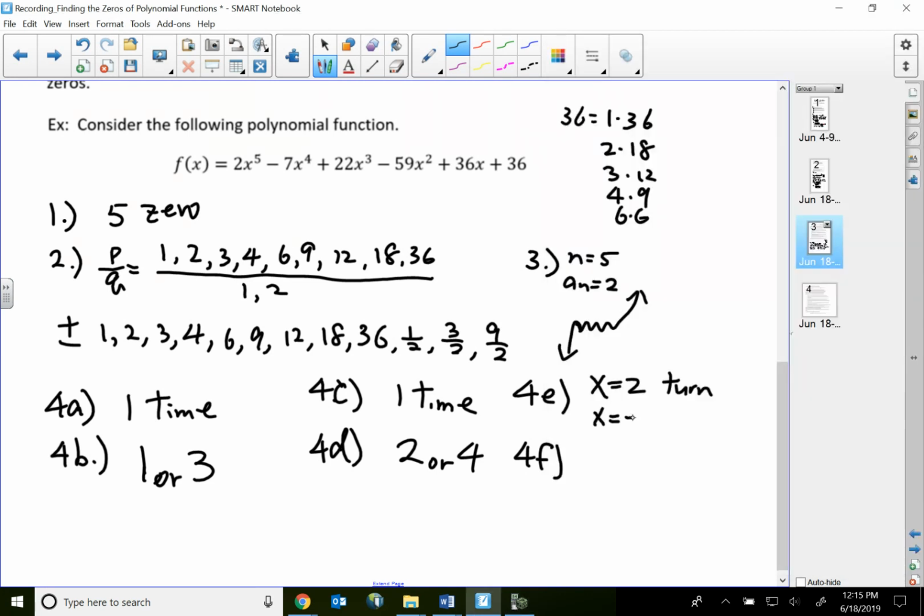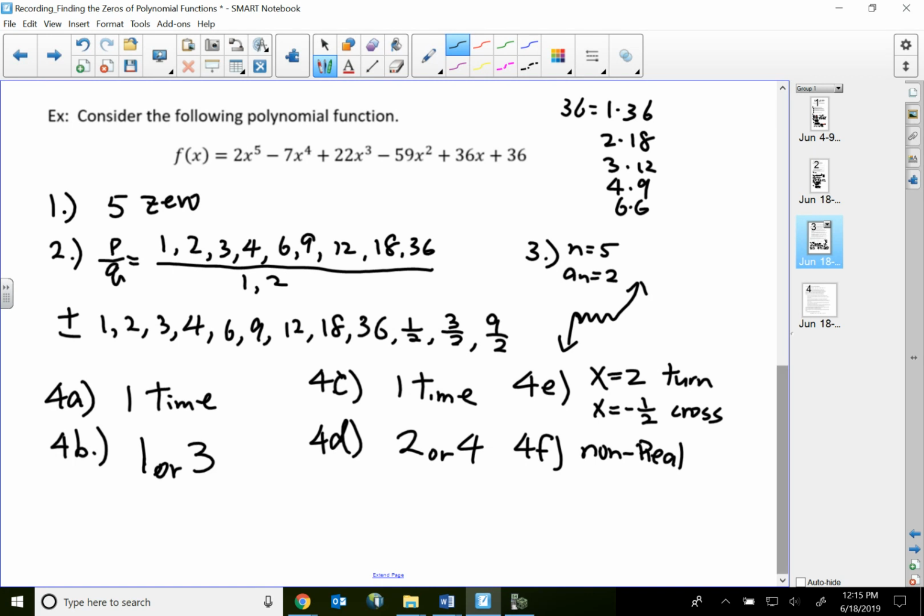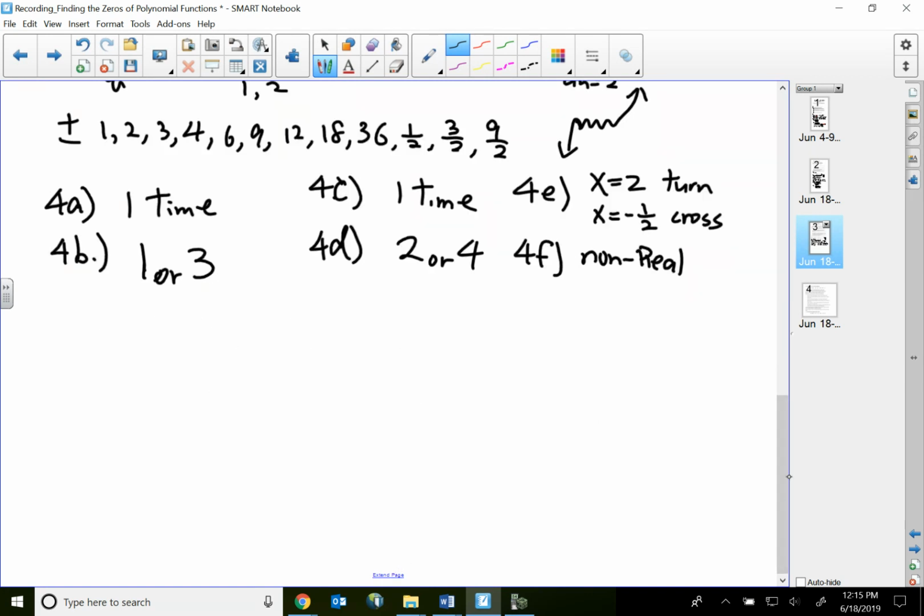So x equals -1/2, that's the one that actually crosses. If I'm assuming the multiplicities are 1 and 2, then the remaining 2 zeros have got to be non-real. Okay. So let's go through the division process and then see.